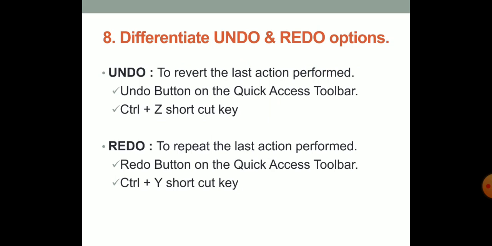So undo, redo. Undo to revert the last action performed, redo to repeat the last action performed. One is to revert, one is to repeat. For undo the shortcut key is Control plus Z. For redo the shortcut key is Control plus Y.